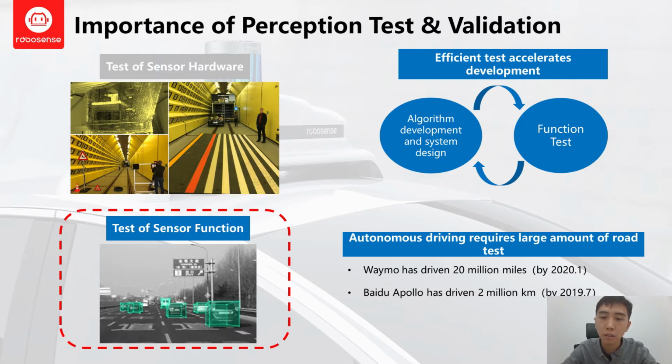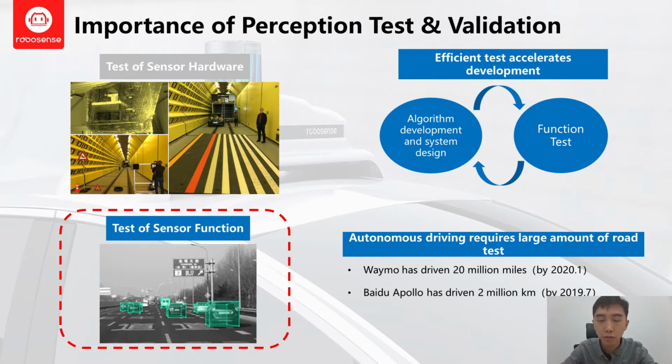And from the development point of view, development and the test form a loop. Developing and testing and then developing again. So actually, an efficient test can accelerate the development of the whole product.